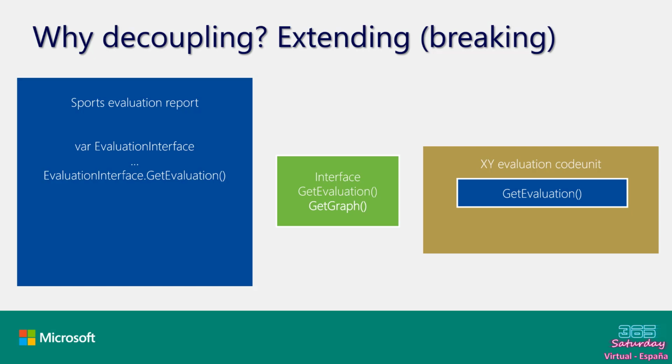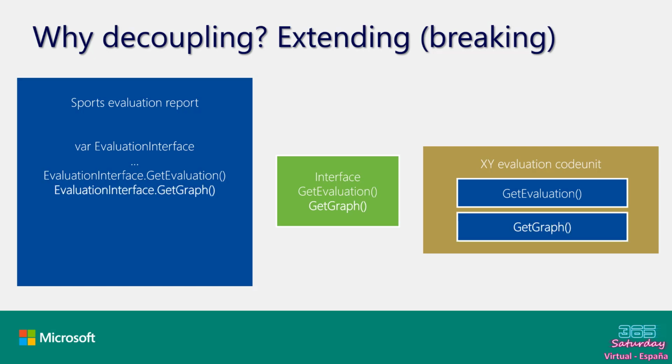But while we are in that state, in the original state where the implementing code unit only has a get evaluation function, but the interface now got a getGraph function, that one would be an error for the compiler. So we wouldn't be able to compile our solution anymore. So this clearly is a breaking change, and I could only solve it by adding that function and then calling that function from the place where I want to use the new functionality.